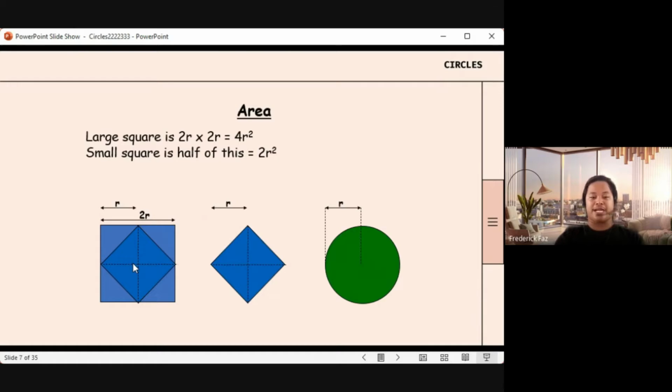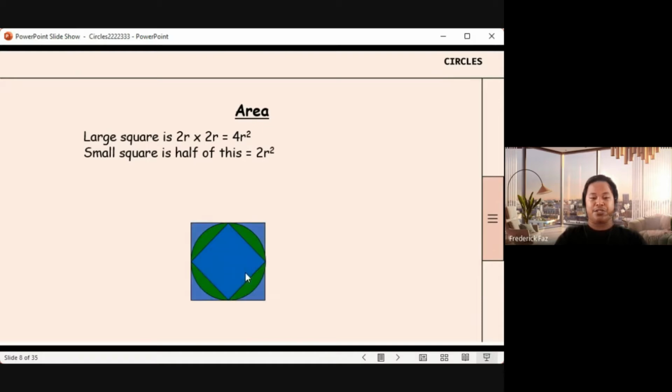The small square has an area of 2r squared. Since yung small square po yan, yung length po niya ng one side po ay r. So 2r squared. Then, the area of the circle is between 2r squared and 4r squared.